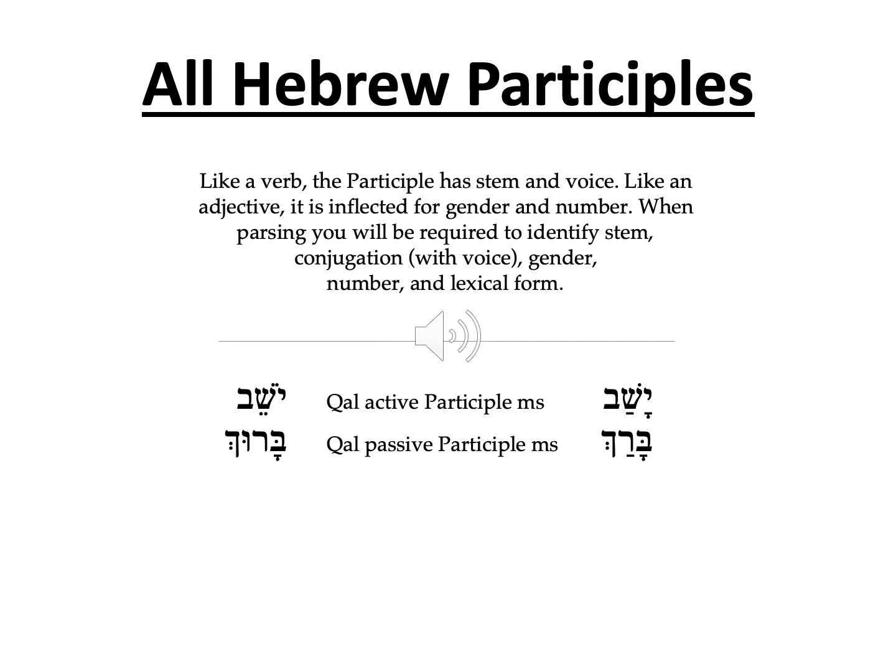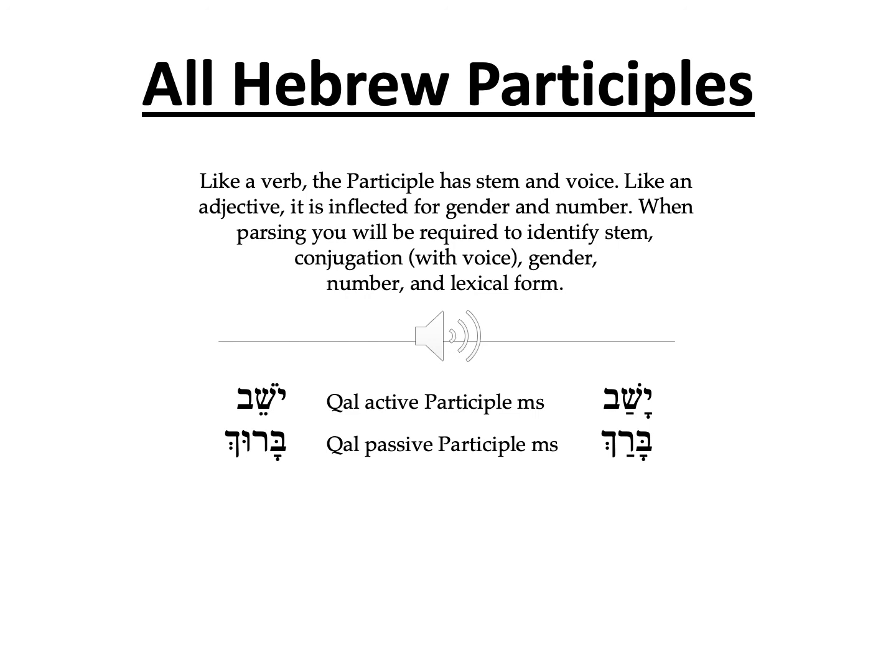As I mentioned, when we parse participles, we need to include both the verbal and the adjectival differentiation in the parsings, so that we have both the verbal Qal stem, the active or passive participle, but then we must still identify whether or not it is masculine or feminine, singular or plural.